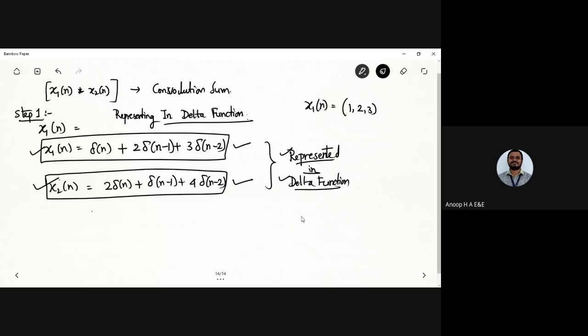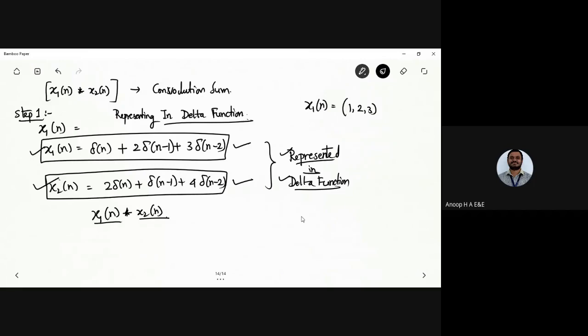Okay, so I need to convolute the signal, that is x1 of n convoluted with x2 of n. So this is how you can generally take into consideration the convolution of two signals. So what do I do next? So x1 of n and x2 of n. I know a certain formula for convolution of two signals, that is with impulse response.